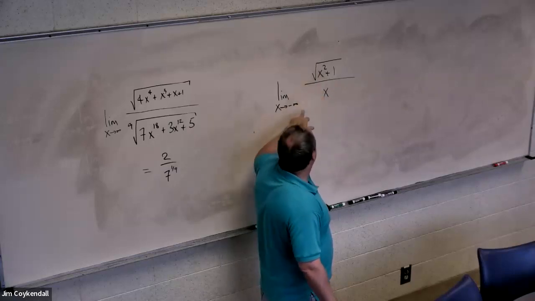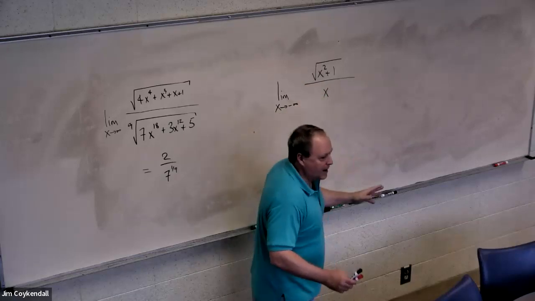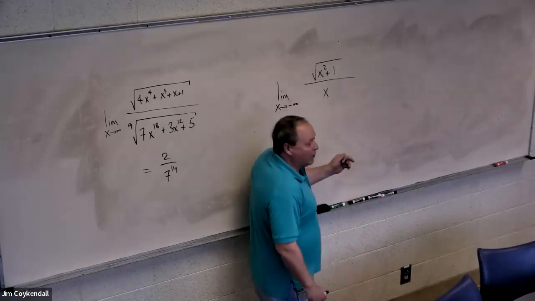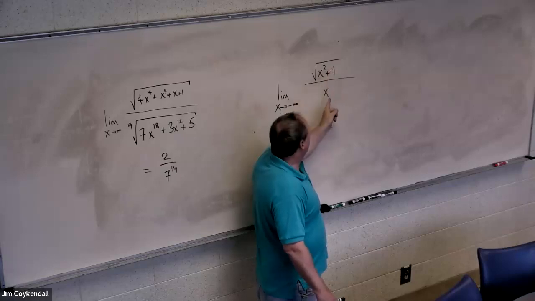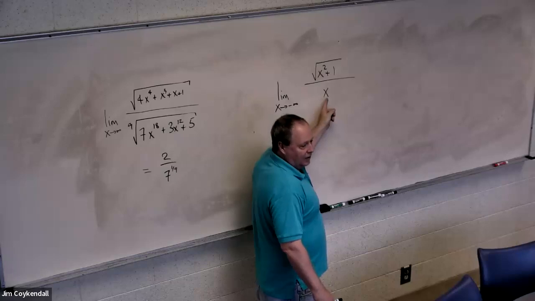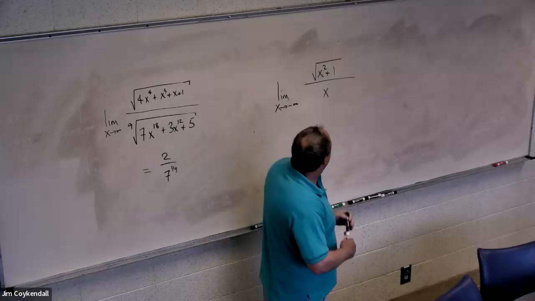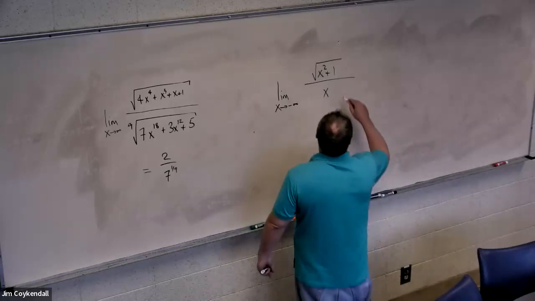The problem is with negative x, there's no way it can be positive. No way. The reason is that the thing in the numerator is always positive, and if you're going to negative infinity, the denominator is negative. So this limit is negative. It's at most 0.